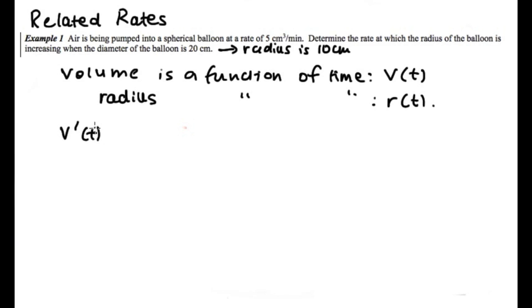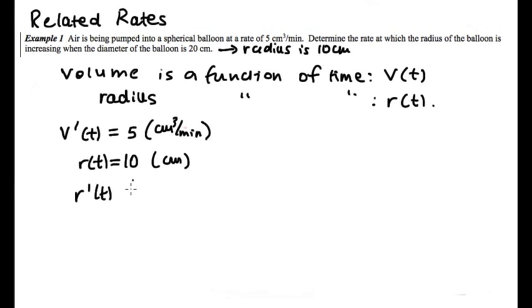We know the rate at which volume is increasing, which is 5. Well, it's centimeters cubed per minute, but we're not physicists here. We don't care about units. So V prime of t is 5, we know r of t, so that's 10 centimeters. And we want to know r prime of t when r of t is 10 centimeters. And we accomplish this by plugging in r of t when we get there.